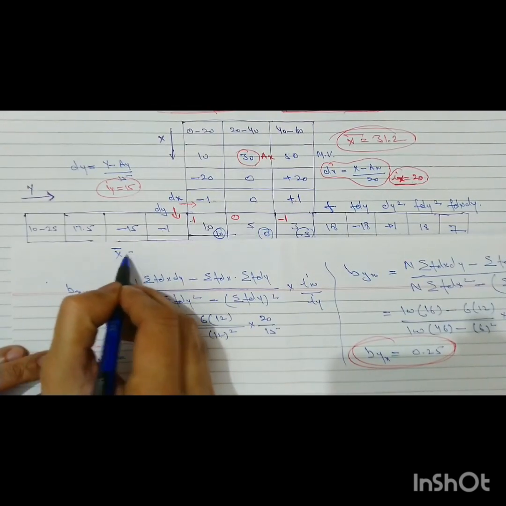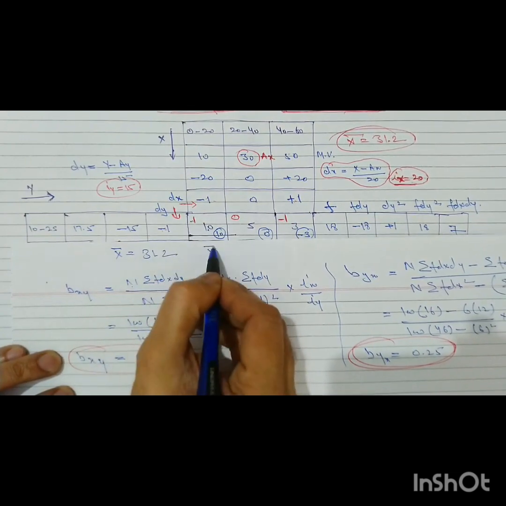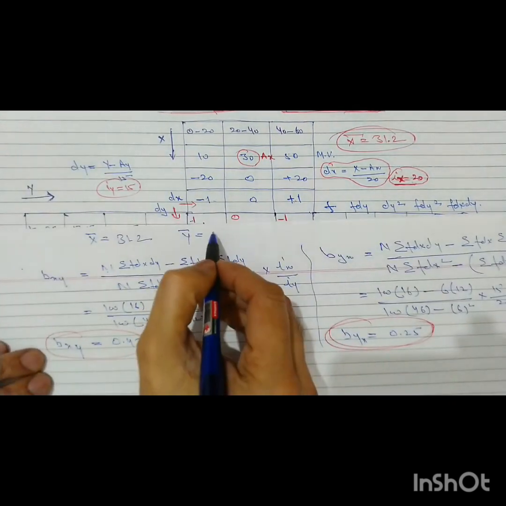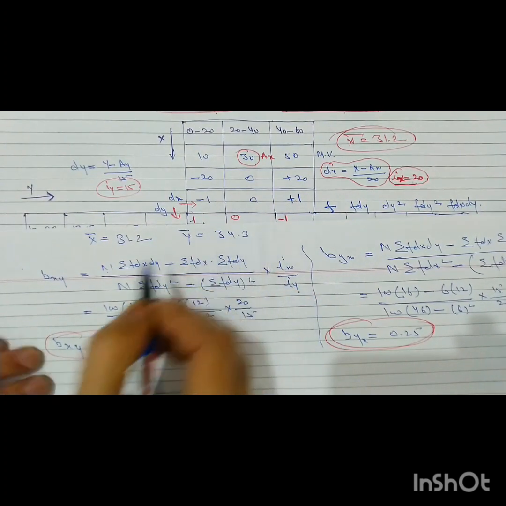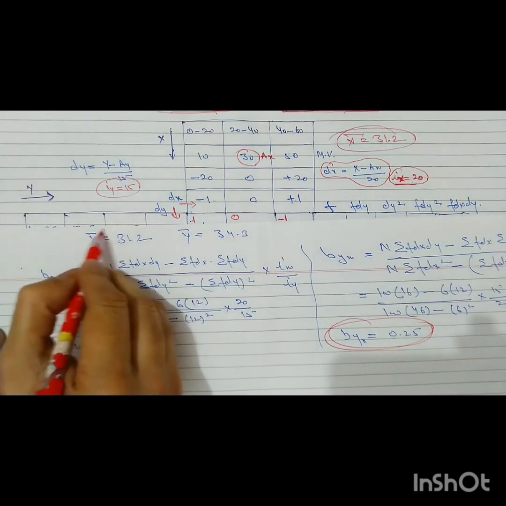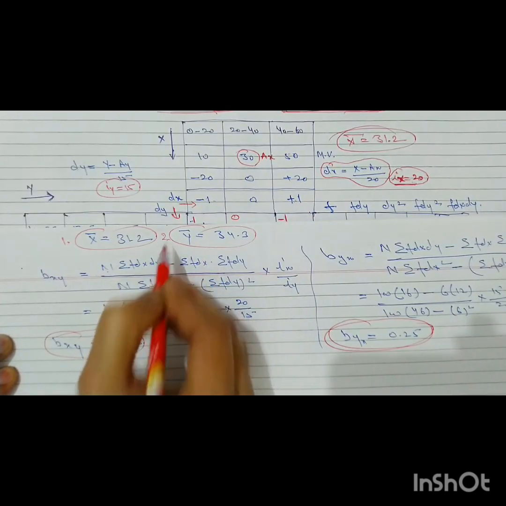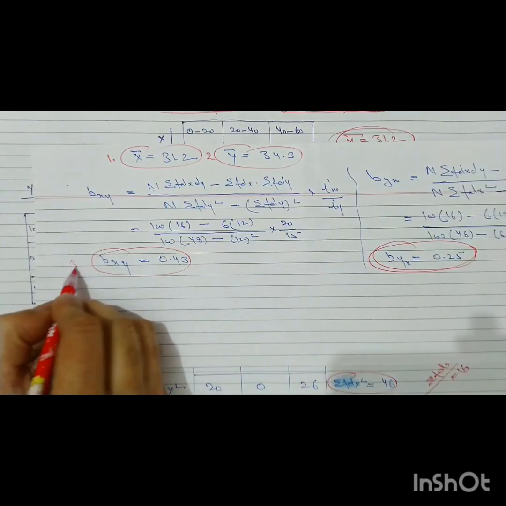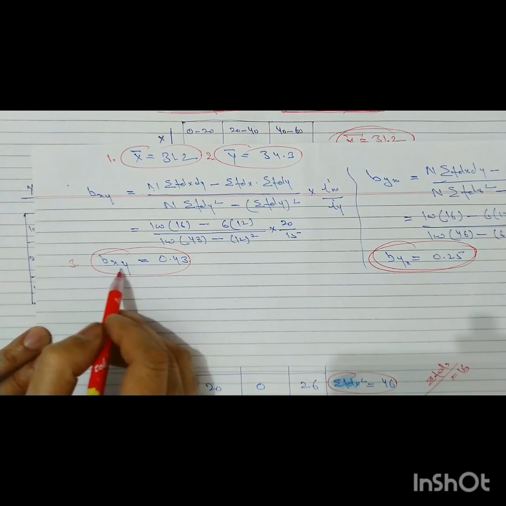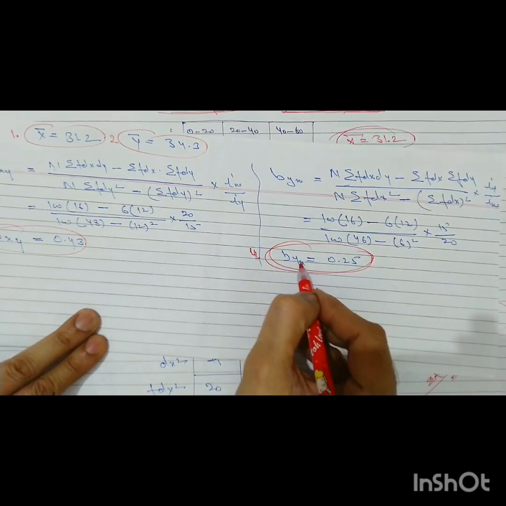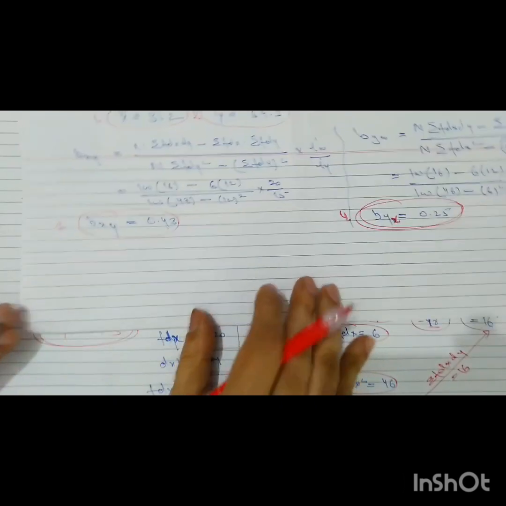X mean was 31.2, y mean was 34.3, right? X mean is number 1, y mean number 2, then number 3 regression coefficient of x on y, then number 4 regression coefficient of y on x. Now find the regression equations.